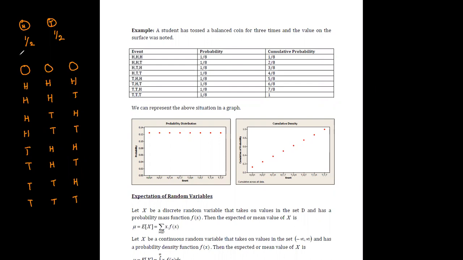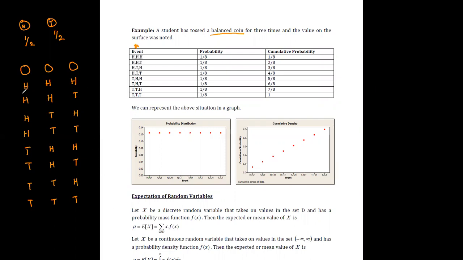If you toss a coin three times and note down the surface obtained, then there would be 8 possible outcomes. Now you can see these 8 possible outcomes have been included in the table in the first column, and we are assuming that it is a balanced coin. Here it is given as a balanced coin as well. Since it is a balanced coin, the probability of getting each outcome should be equal.